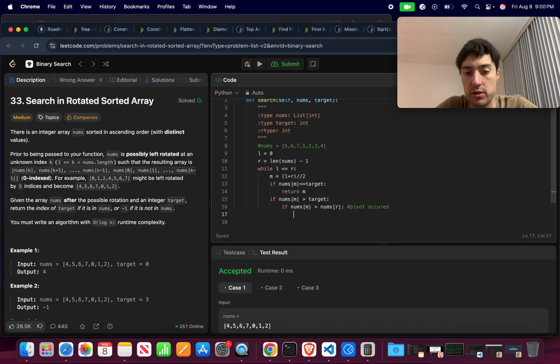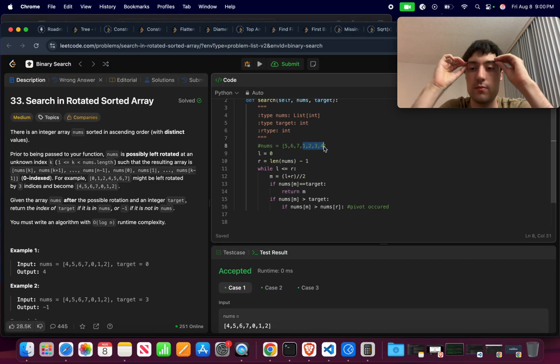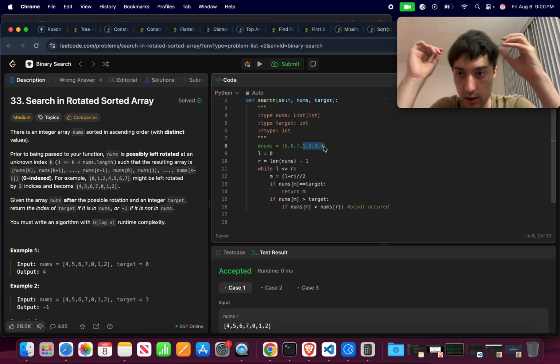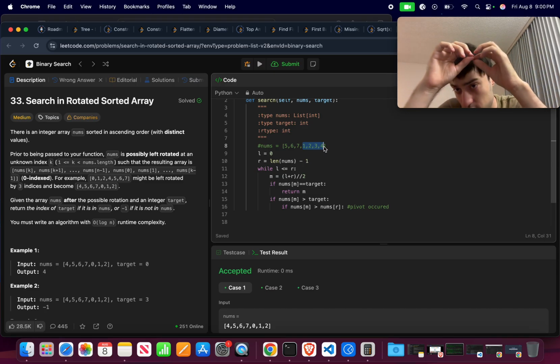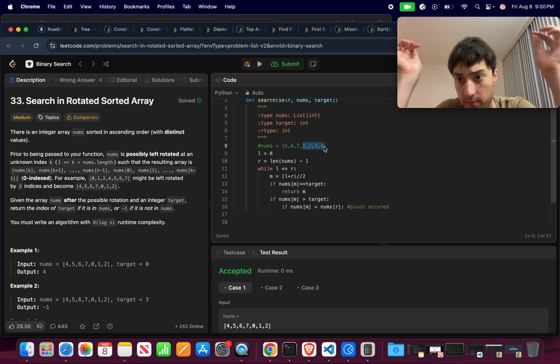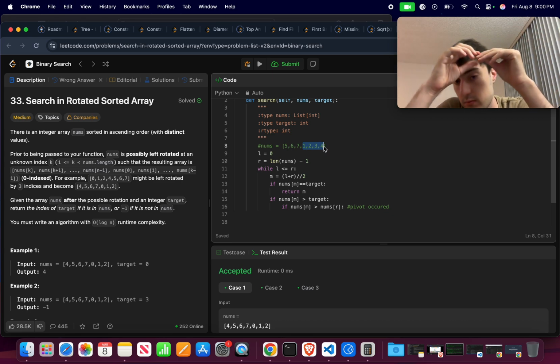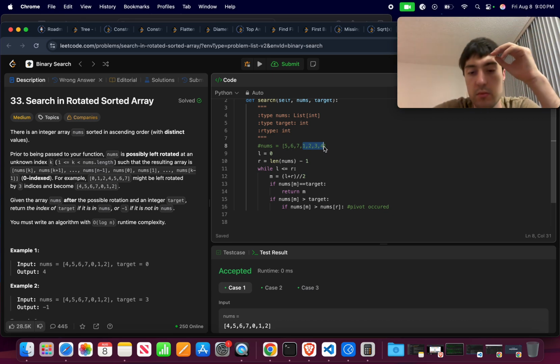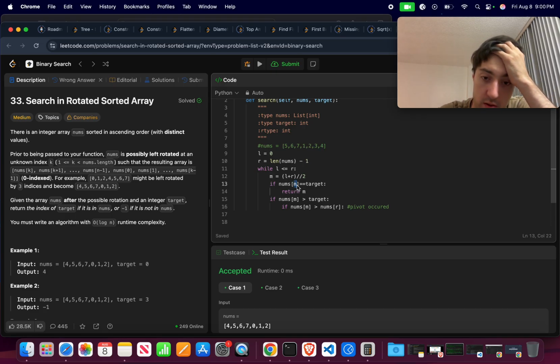So what do I want to do in this section? If the pivot did occur, my midpoint is too big.